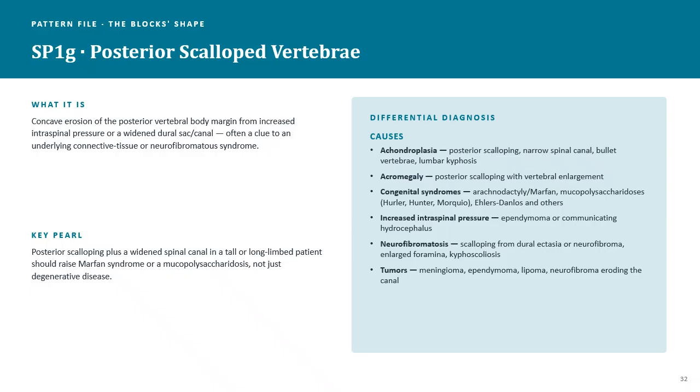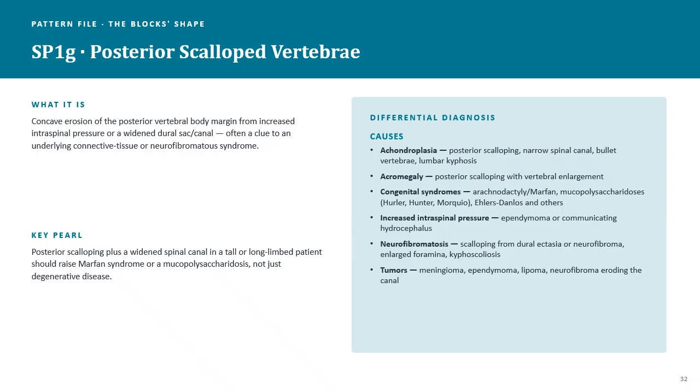If there's something inside that canal that is causing it to enlarge, or creating some sort of increased pressure over a period of time, it can gradually push against that vertebral body, and that pressure can create that scalloping appearance or indentation. An example of a condition that can cause that is dural ectasia.